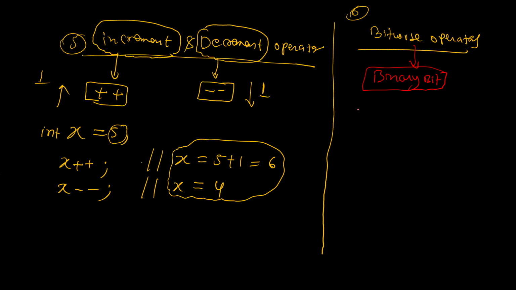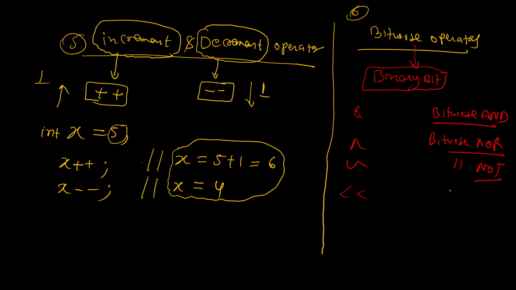There are multiple bitwise operators. First is bitwise AND, and this is used for bitwise XOR, and this is used for bitwise NOT operation, and this is used for left shift, and this is used for right shift.